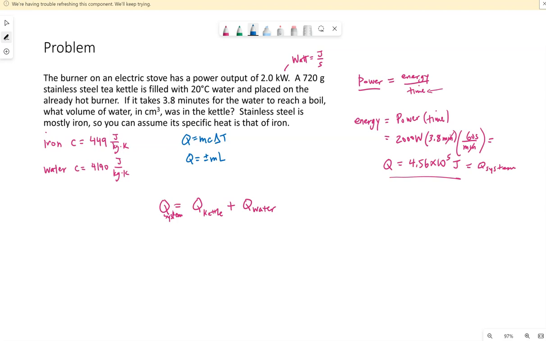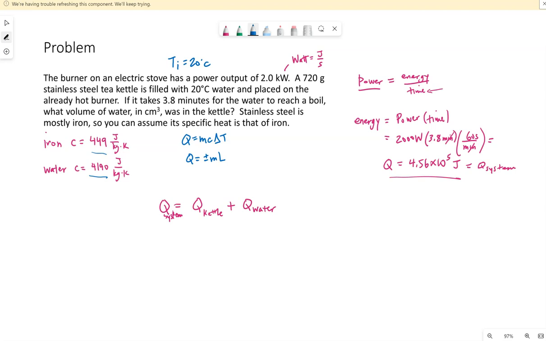We know we start with an initial temperature of 20 degrees Celsius. That's the water. We can assume the kettle is also 20 degrees Celsius. It doesn't specifically state that, but 20 degrees Celsius is about room temperature. Because the iron has such a small specific heat capacity compared to water, that iron's temperature is going to change very quickly.